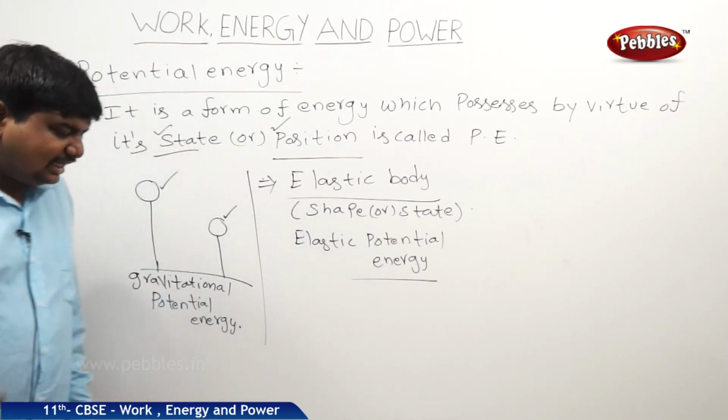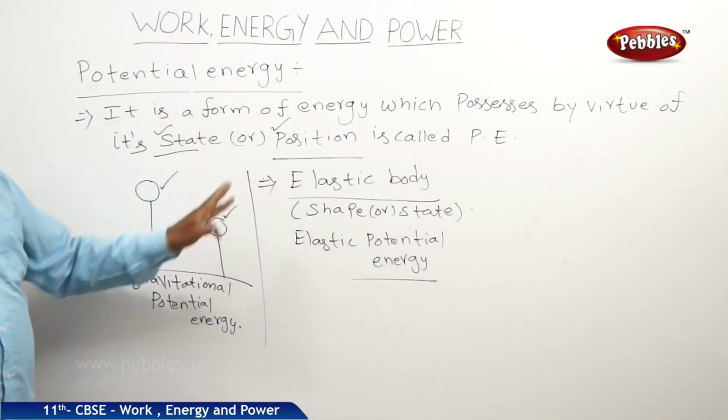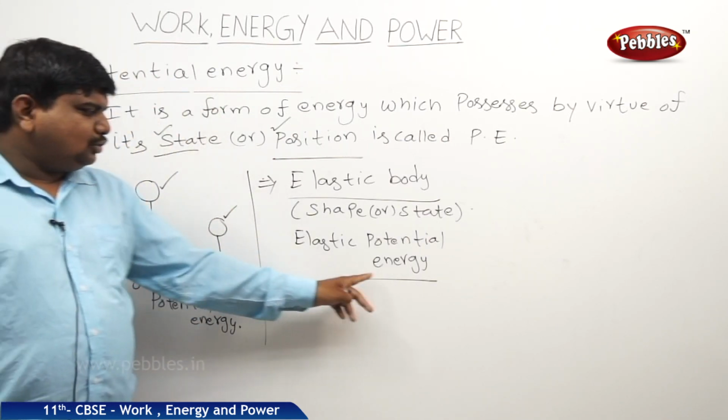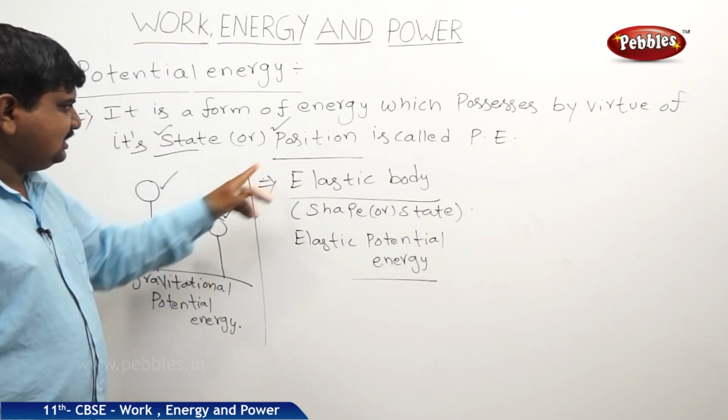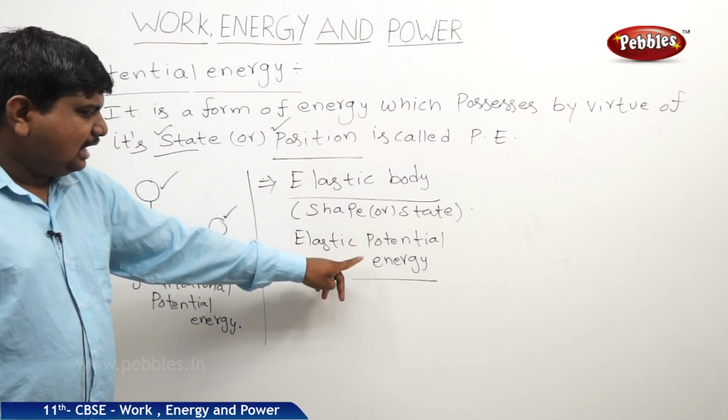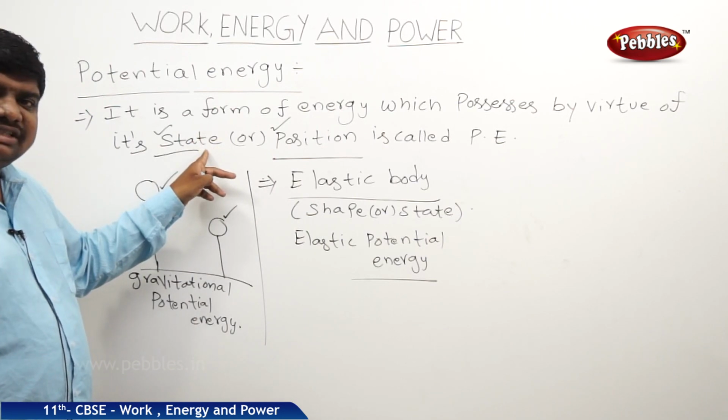So what we can understand is that potential energy is a form of energy. It is again classified into two different types: gravitational potential energy, which is by virtue of position, and elastic potential energy, which is by virtue of state or shape.